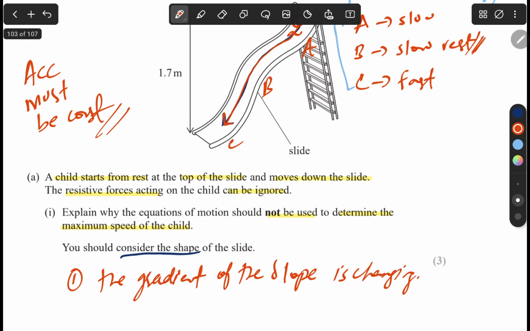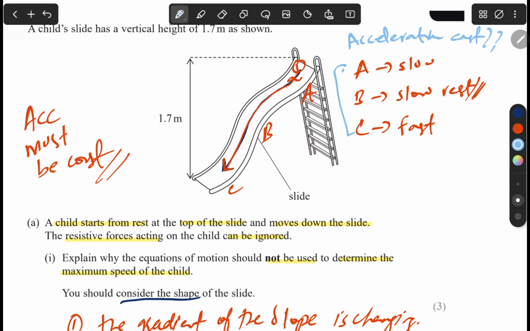This would mean that the slope, you see the gradient of the slope means the change in y and change in x, right? So the distance traveled every second, the speed is changing. At first it's slow, then it's fast, then it's very fast. So we say the gradient of the slope, the steepness of the slope. You see it's steeper here, it's less steep here.